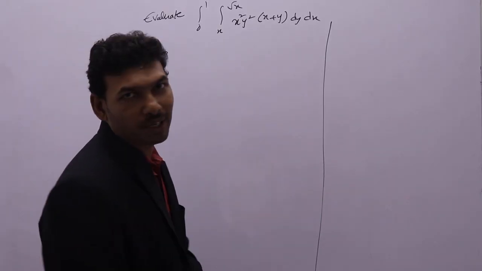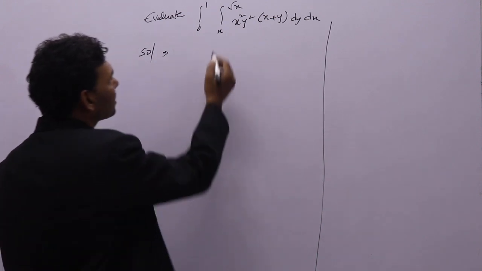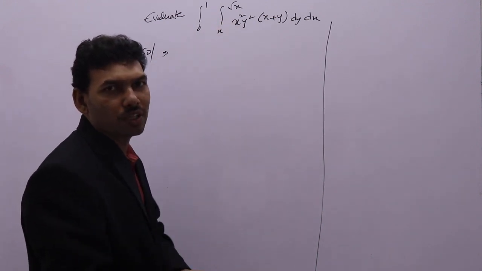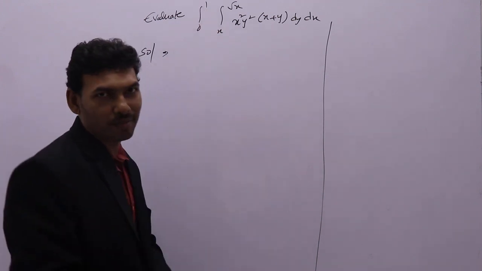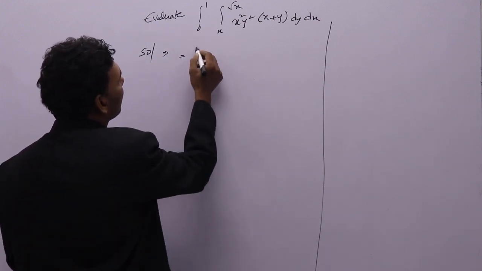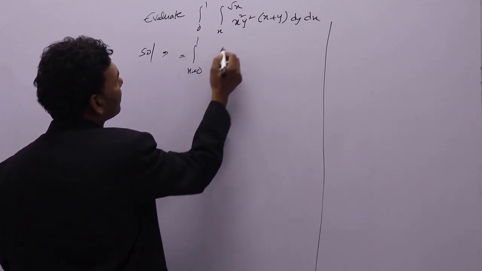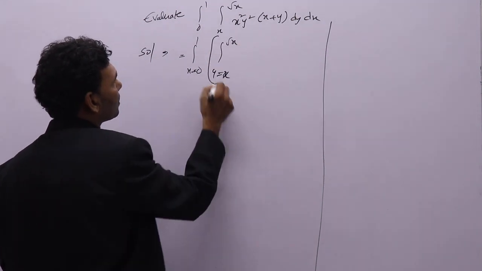Now evaluating the double integral. To evaluate this double integral, these limits are in terms of x, so they are limits of y. These are constant limits, so they are limits of x. What I am saying: these are limits of x, and these are limits of y, x to root x.